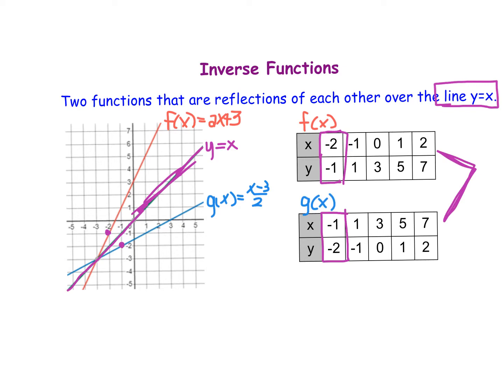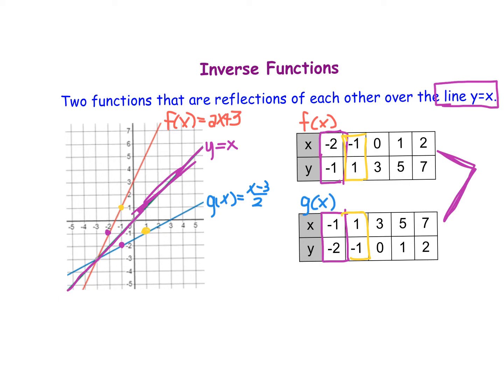And if we continue to look at those types of points, so say we go to -1, 1, and then we go to 1, -1. Again, points that are x and y values flipped, and they are in fact just reflections over that line y equals x.